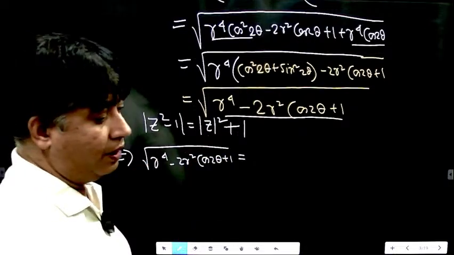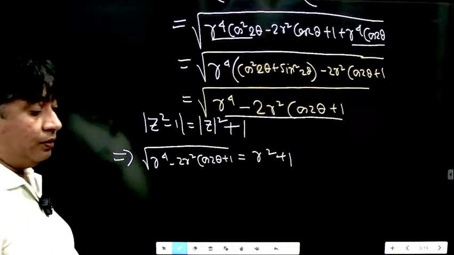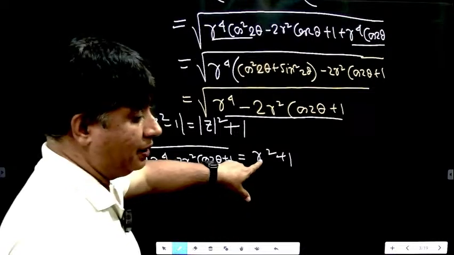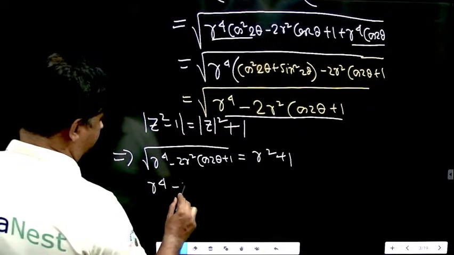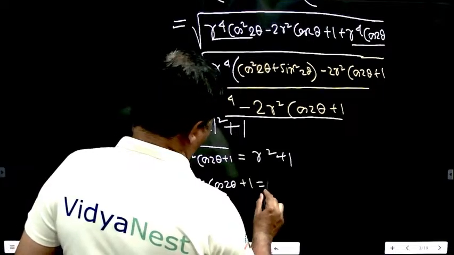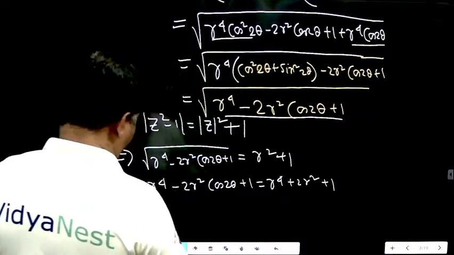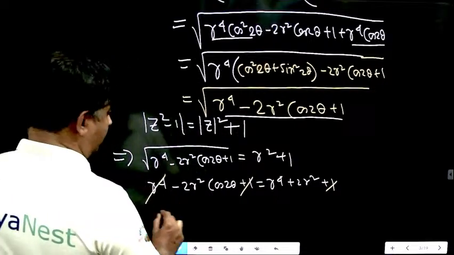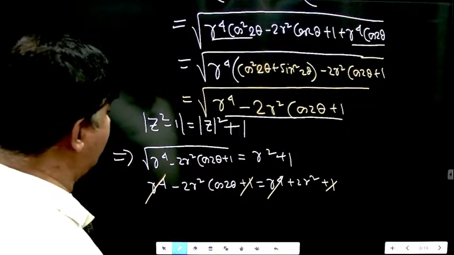Mod z क्या है ये? R. Now, what simplification is left for you? If you square both sides, it is clearly visible that r to the power 4 will get cancelled. From both sides, what can I cancel? r to the power 4. And you will get what? What is left for you?